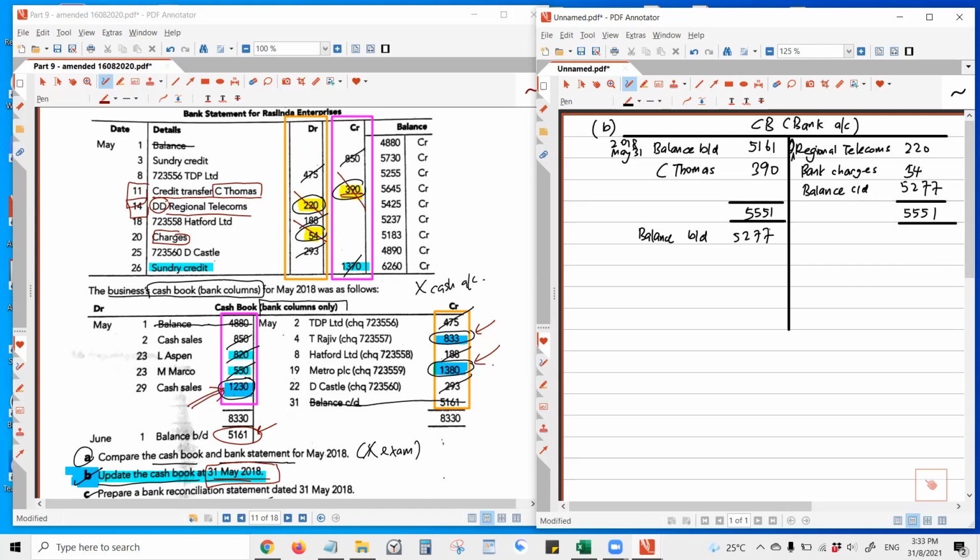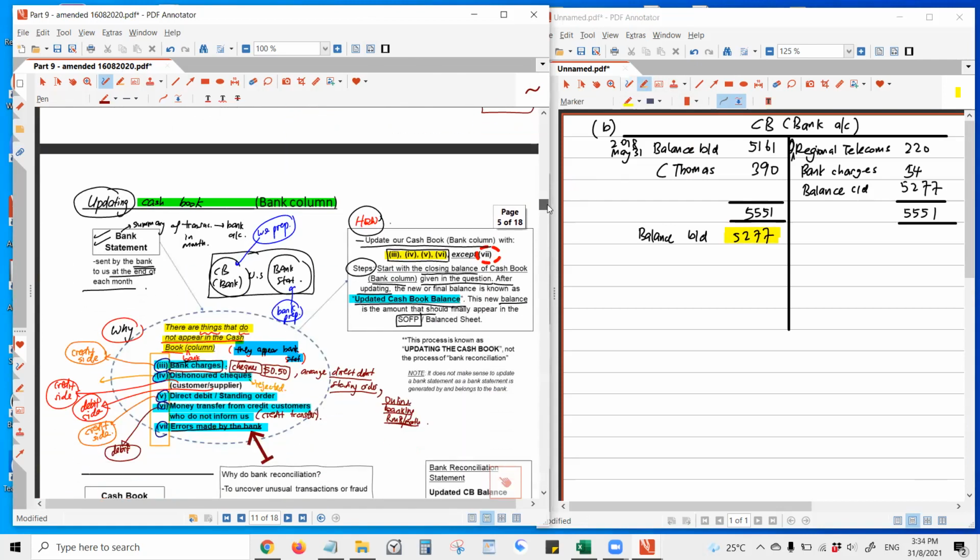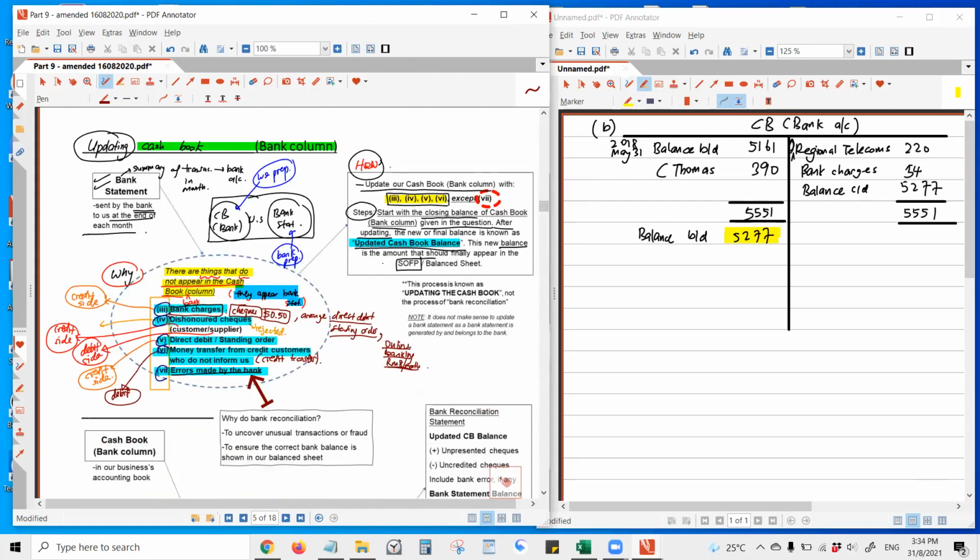Yeah. Got it. So we are done with the cash book bank account. Remember, what do you call this amount? 5277. What is this amount known as? Updated cash book balance. Correct, updated cash book balance.